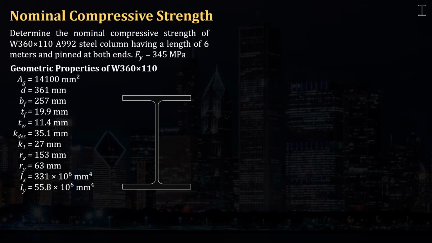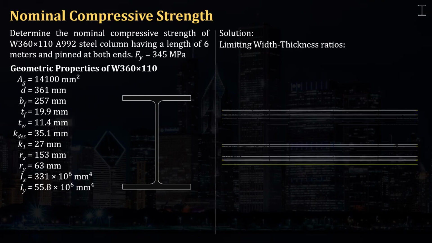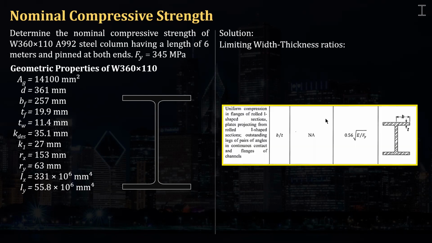First, this is what you're going to do. Calculate the limiting width to thickness ratios. According to the code, for uniform compression in flanges of rolled I-shaped sections, plates projecting from rolled I-shaped sections, or outstanding legs of pairs of angles in continuous contact and flanges of channels, the width to thickness ratio b over t is 0.56 square root of E over Fy.